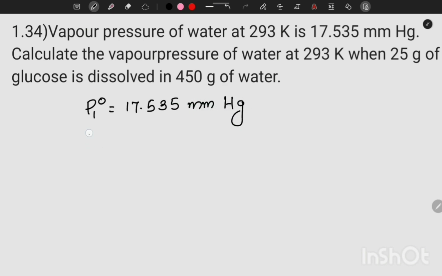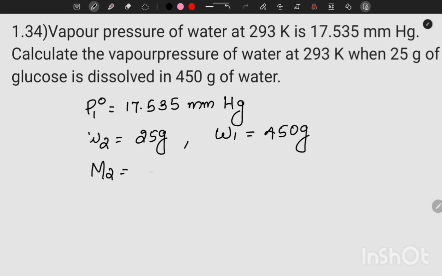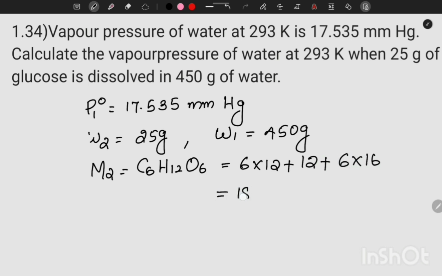Now mass of solute is given as 25 gram. Mass of solvent is given as 450 gram. And molar mass of solute, here the solute is glucose, C6H12O6. So 6 into 12 plus 12 into 1 plus 6 into 16. So when we simplify, we will get 180 gram per mole.